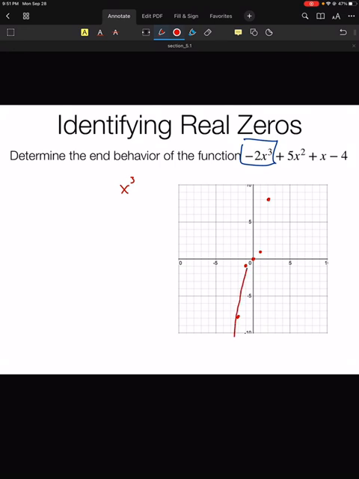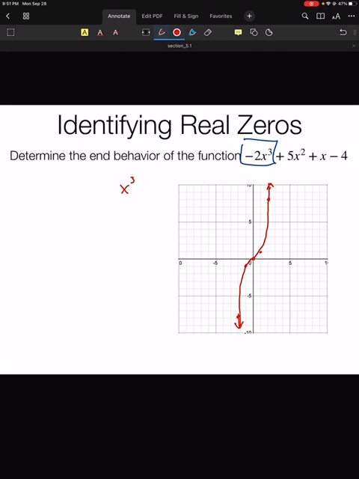And so the graph of the function y equals x cubed looks like this. That's the graph of the function x cubed.